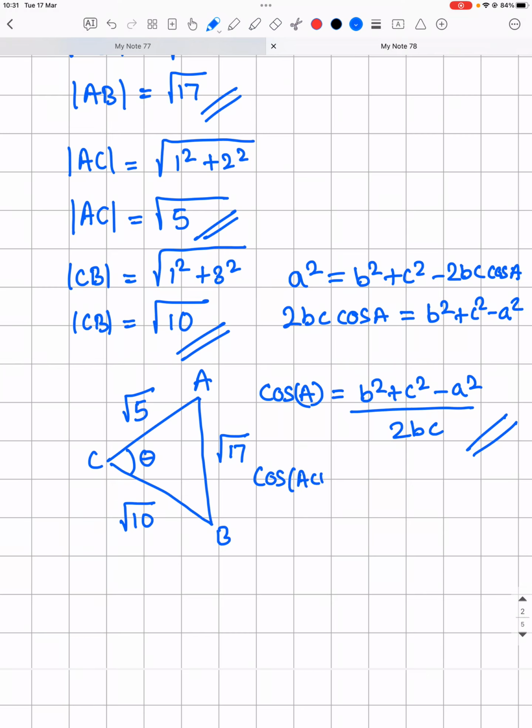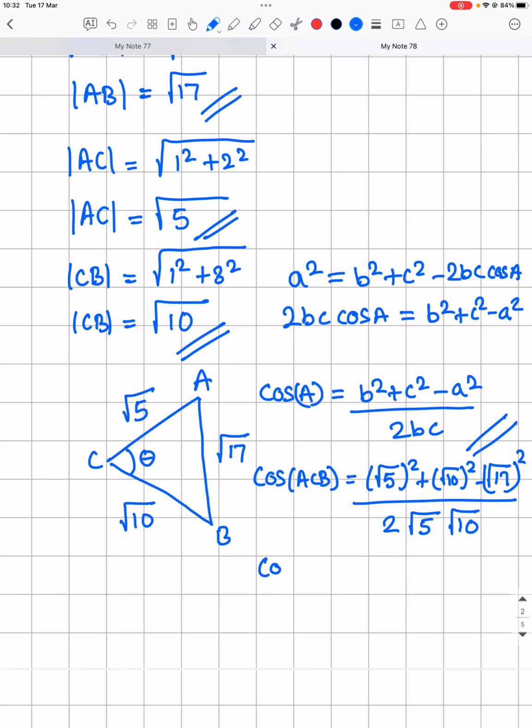So cos ACB equals the square root of 5 squared, add the square root of 10 squared, minus the square root of 17 squared, all over 2 multiplied by the square root of 5 times the square root of 10.